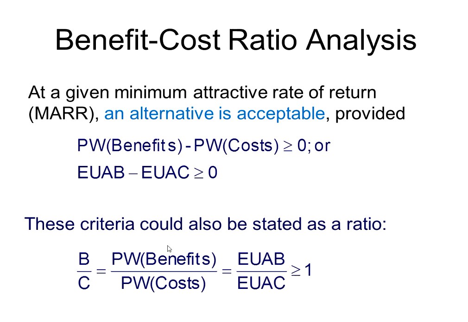That gives us this expression. So the ratio of benefits to cost, either in terms of present worth or equivalent uniform annual worth, is more than or equal to 1. Again, it's just the idea that we want the benefits to exceed the cost.